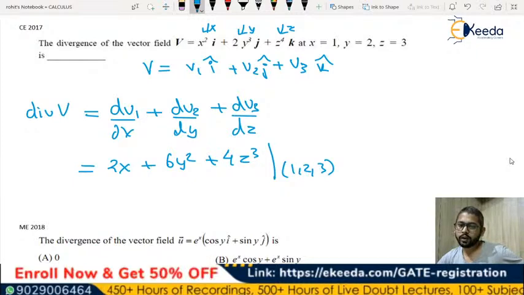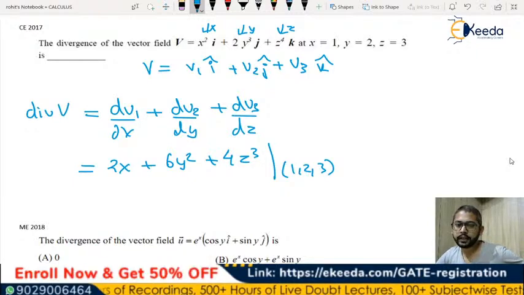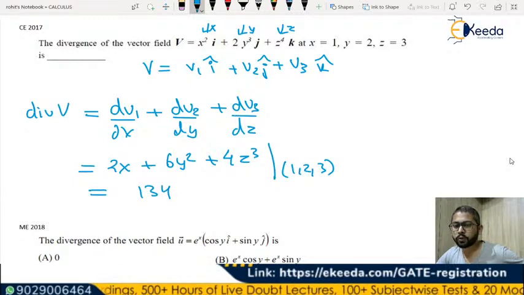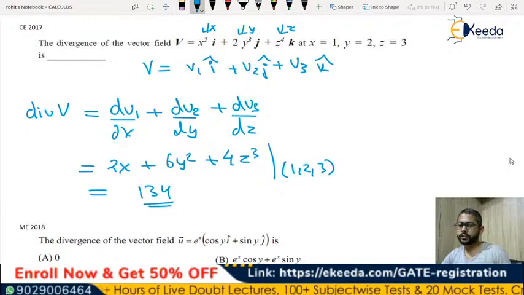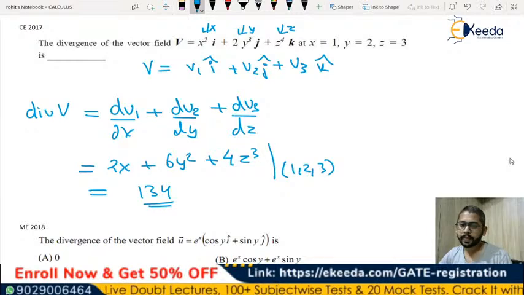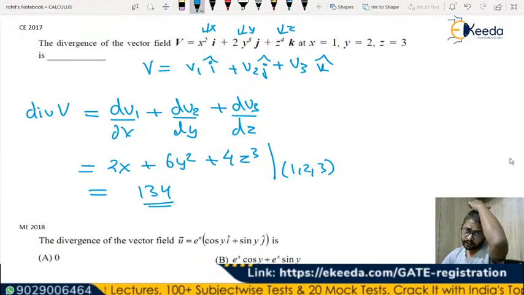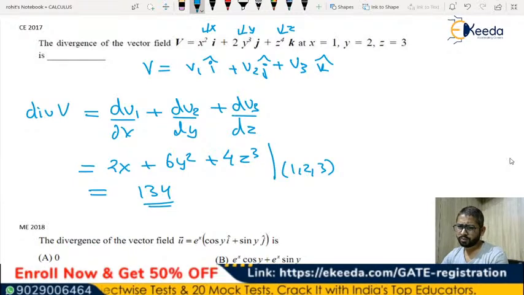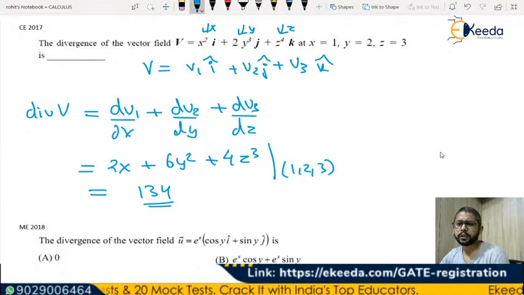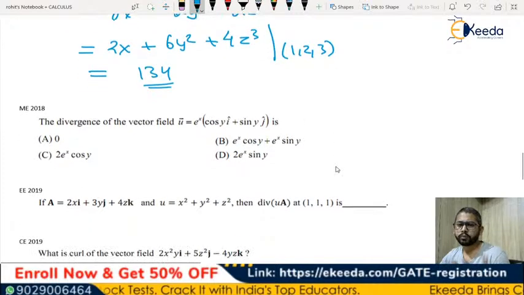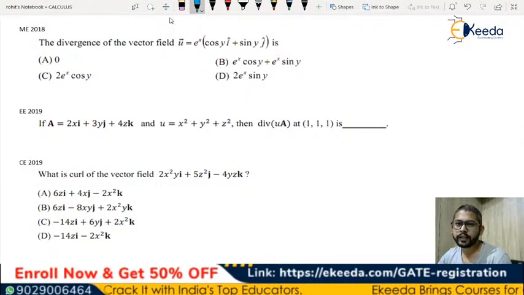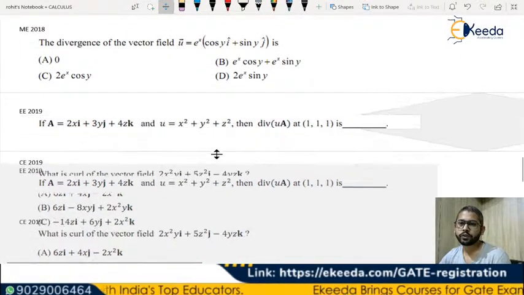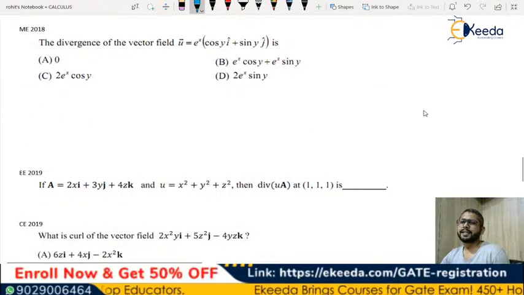Put x equal to 1, y equal to 2, z equal to 3. You will get 134. This is the divergence at this point. Do you see this is a scalar quantity? Yes. That's what we were talking about. It is going to be a scalar quantity. Done. There's nothing to explain much here. There are good questions, so you'll have to wait for them, because we need to cover some basics and easy questions. This is another easy question.